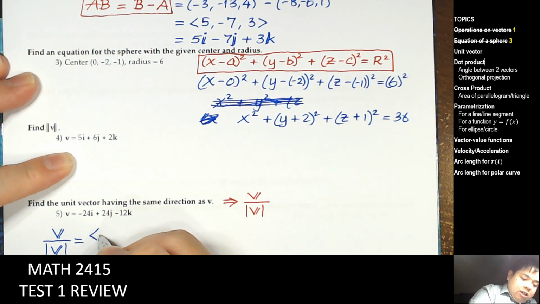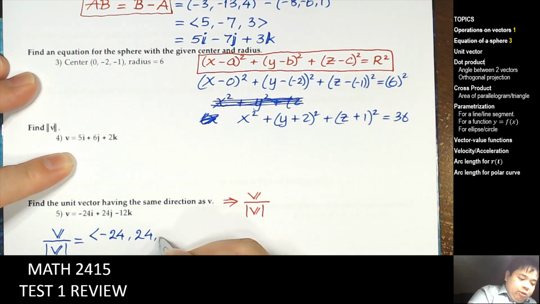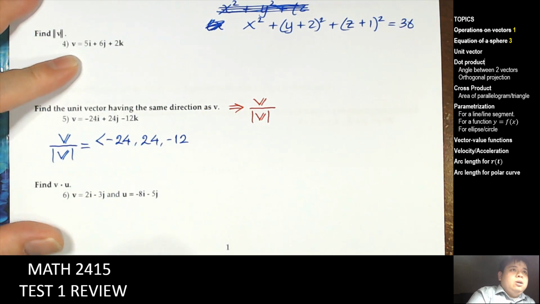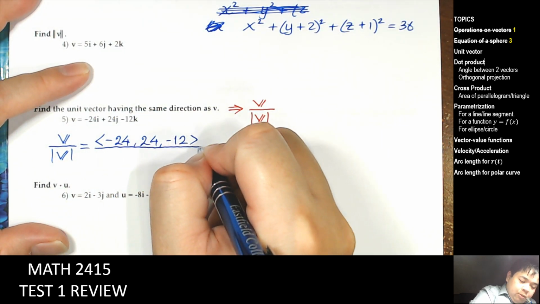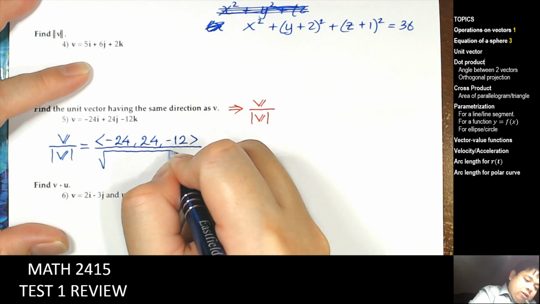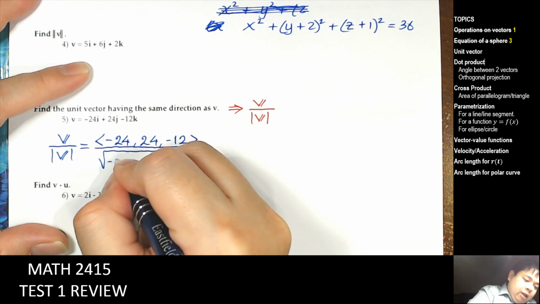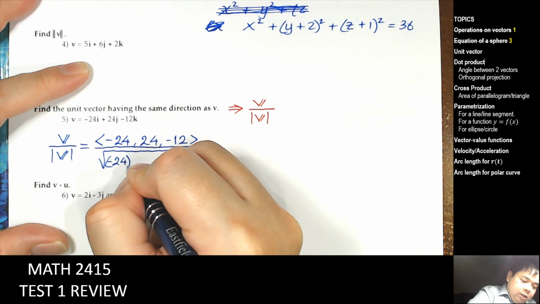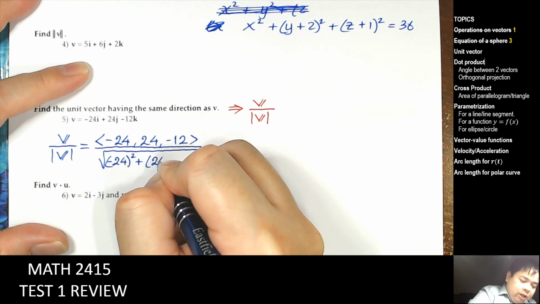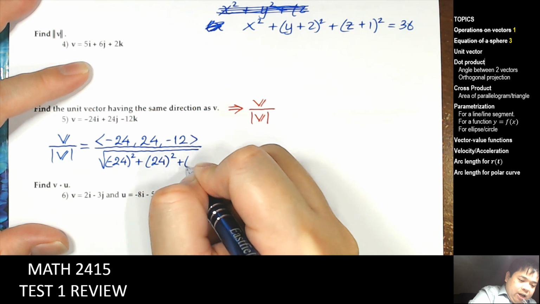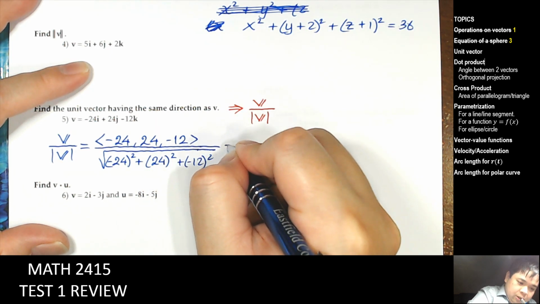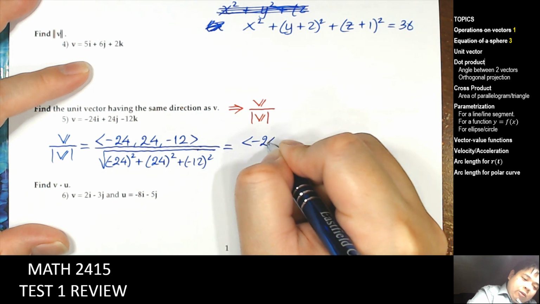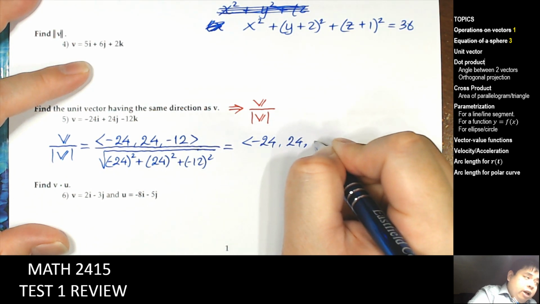The vector is negative 24, 24, and negative 12, over the magnitude: negative 24 square, 24 square, and negative 12 square. We still have negative 24, 24, and negative 12.